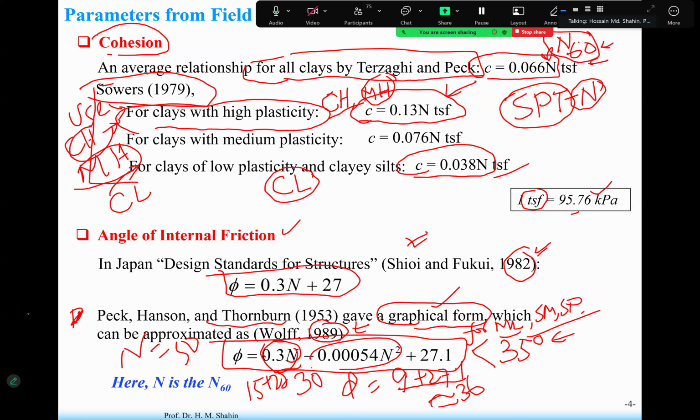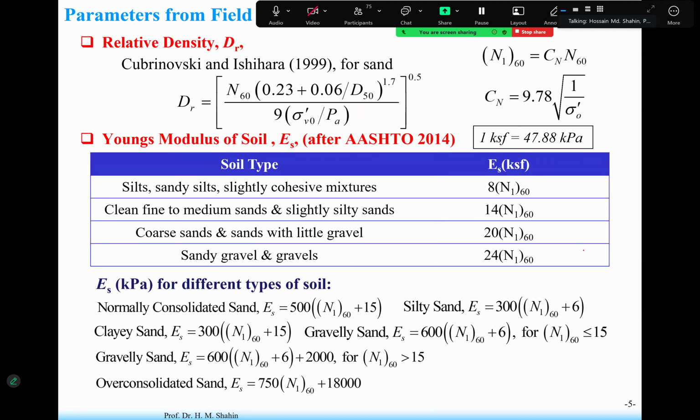For clay soil, use this one for CH and MH, this one for CL, and this equation for ML, SM, SP, sandy soil, silty soil, and non-plastic silt. This page is very important, because you have to use these equations for calculating C and phi, and that C and phi will be used for foundation design in Plaxis and in hand calculation both.